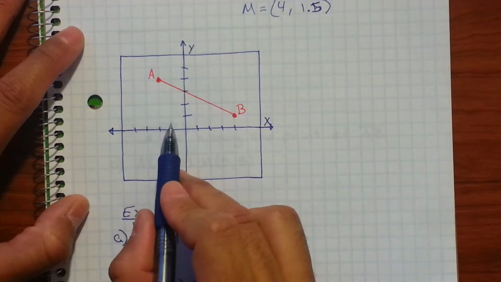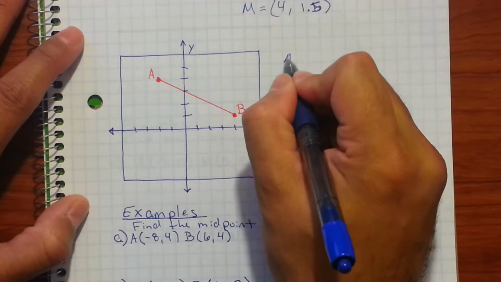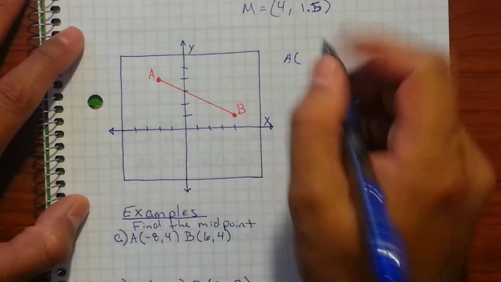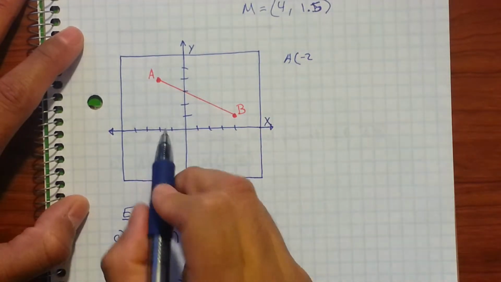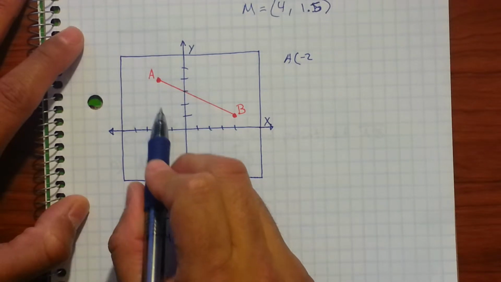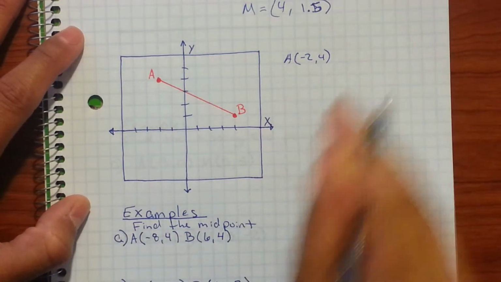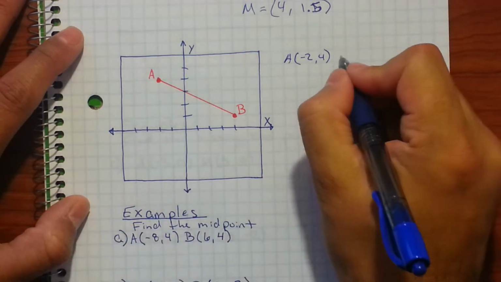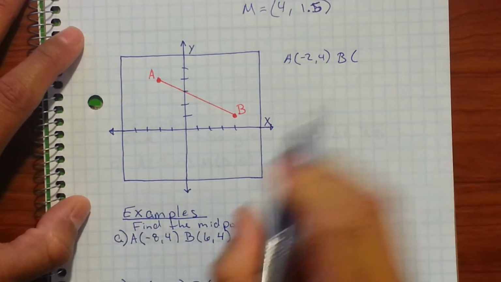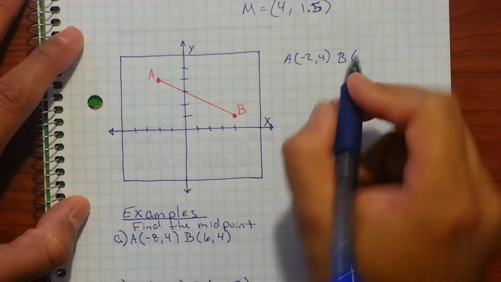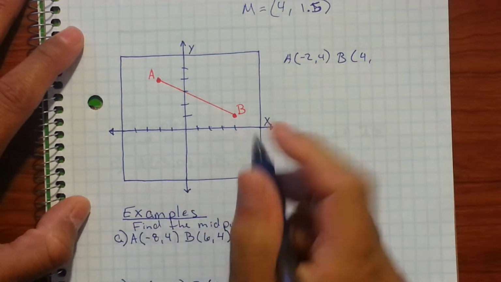Alright, so the x value goes first. My A is located at, let me see, 1, 2, so that's negative 2, and it goes up 1, 2, 3, 4, comma 4. Now B is located at positive 1, 2, 3, 4, and up 1.